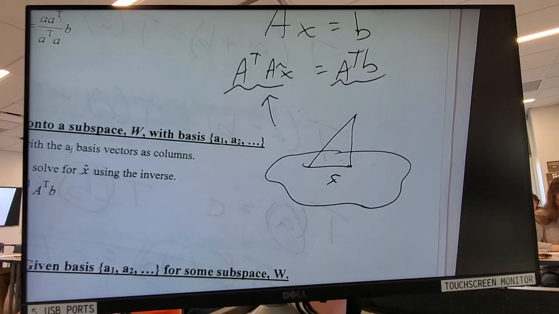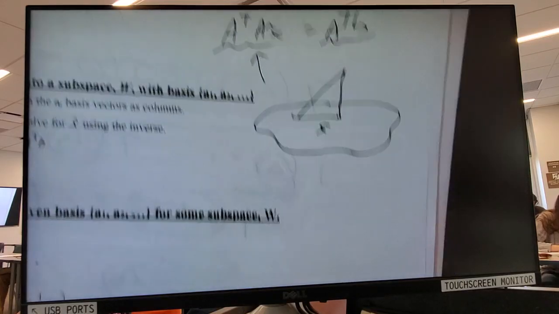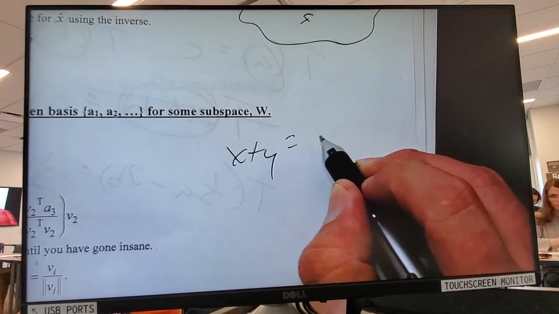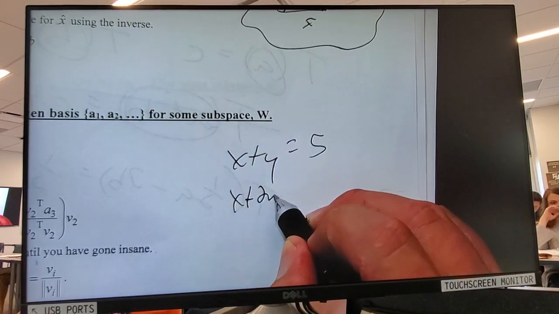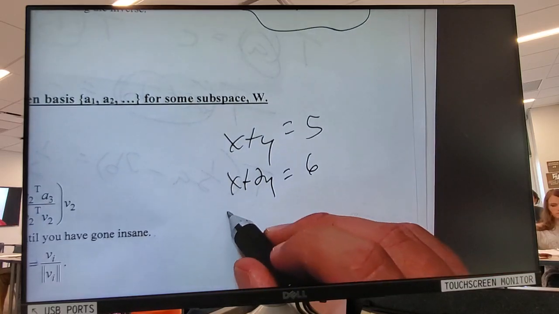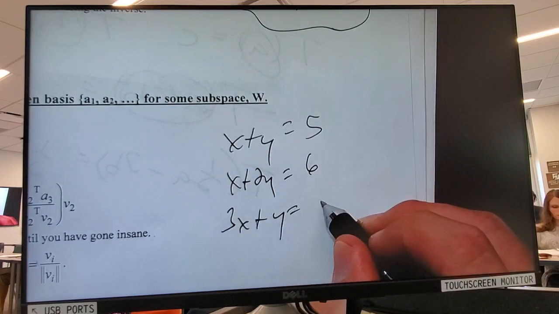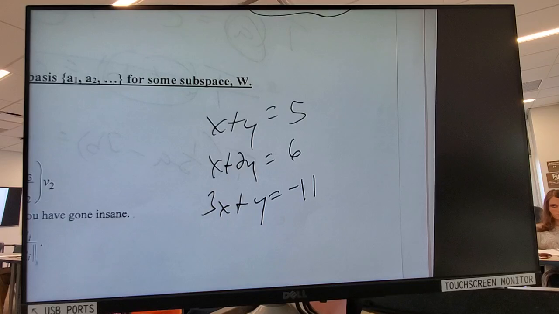So real quick, if I'm given a system of 3 equations, couldn't I make the first 2 work perfectly? I have to be able to, yes.